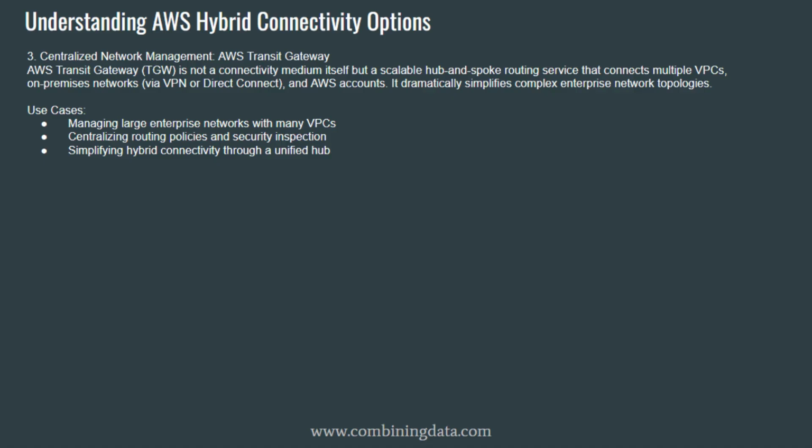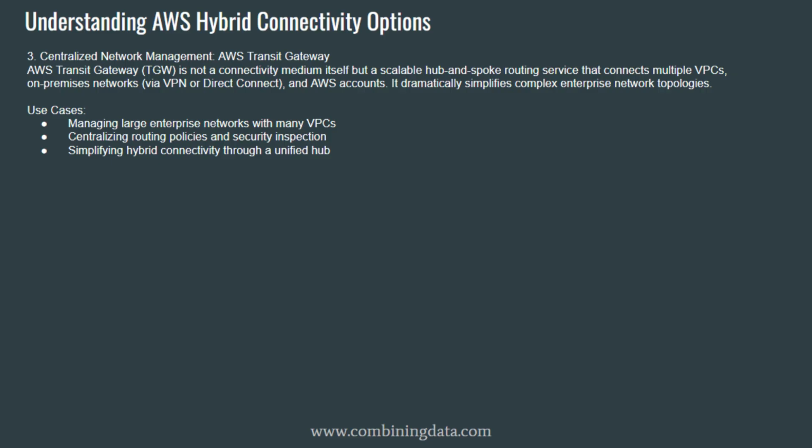Why Transit Gateway is important? In large environments, managing routing rules individually across dozens or hundreds of VPCs becomes extremely complex. Transit Gateway solves this by providing centralized routing control. You define routing rules in one place instead of configuring peering connections everywhere. Simplified architecture.